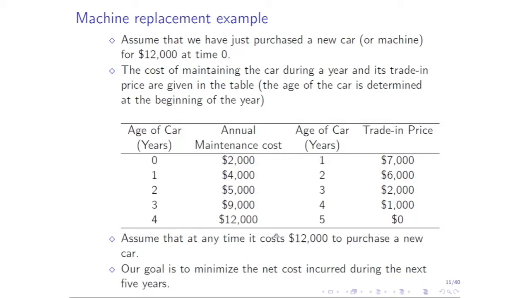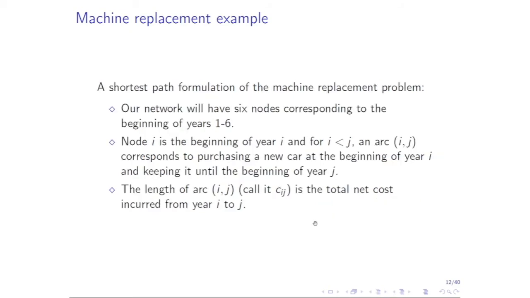As I said, it is not obvious that this problem can be cast as a network problem, but we actually can do it. Let me present to you the network formulation of this problem. I'm going to construct a graph, and we are talking about 5 years scheduling.